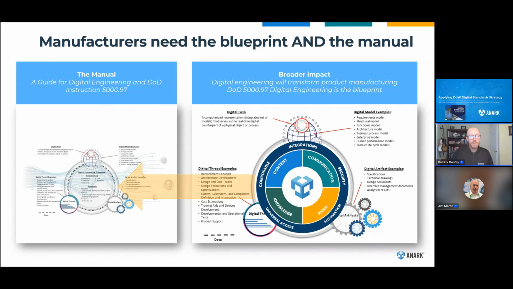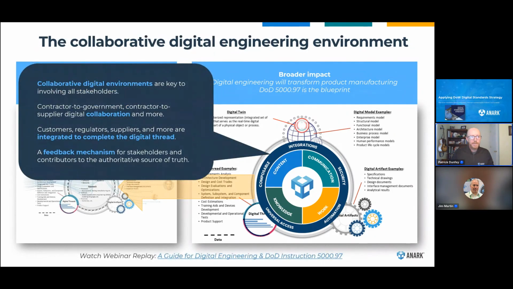So all of this came together around 5097, and just key words that came out of the 5097 document were collaborative digital environments, driving collaboration across all those different personas that we showed, all those different user types that we showed on the slide with all the people, and integrated digital thread, feedback mechanism, the closed loop feedback, right?